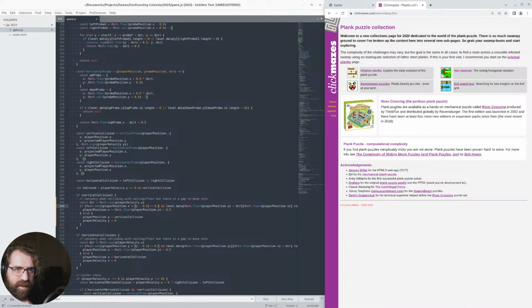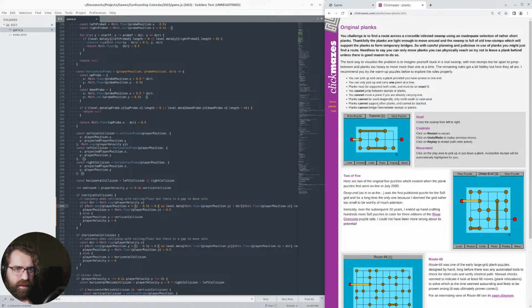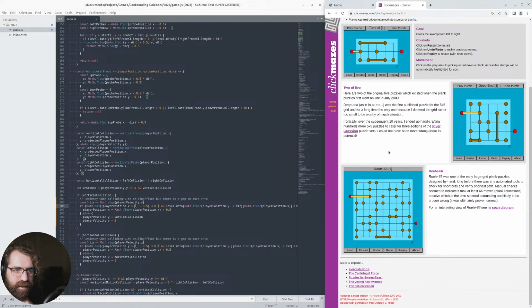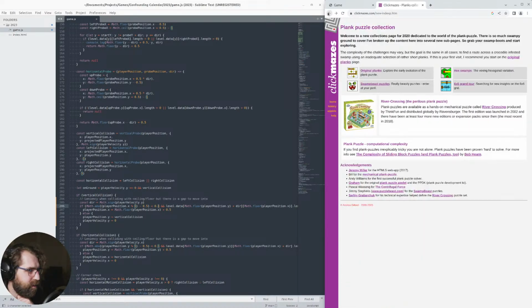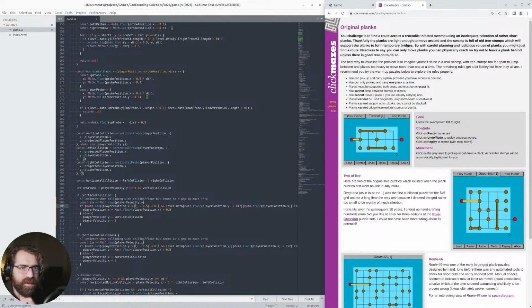Planks a lot. Are these still playable? Is that a thing? No, that's not a thing. How do you actually play? And look, there's a physical version of it. Made by Think Fun. It got licensed to Think Fun. Original planks?